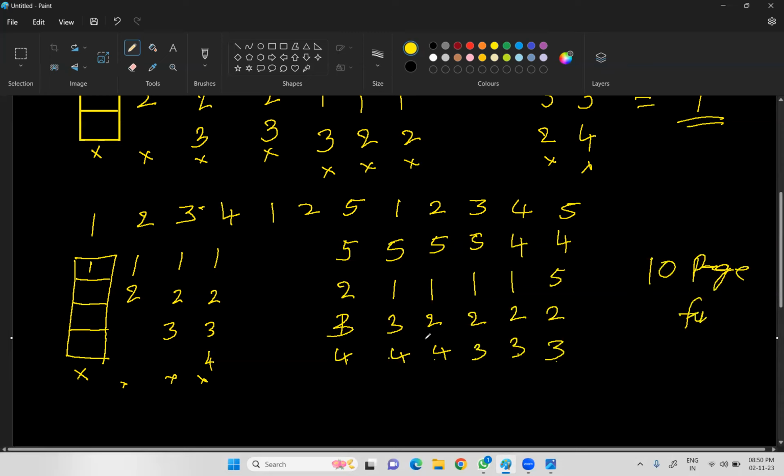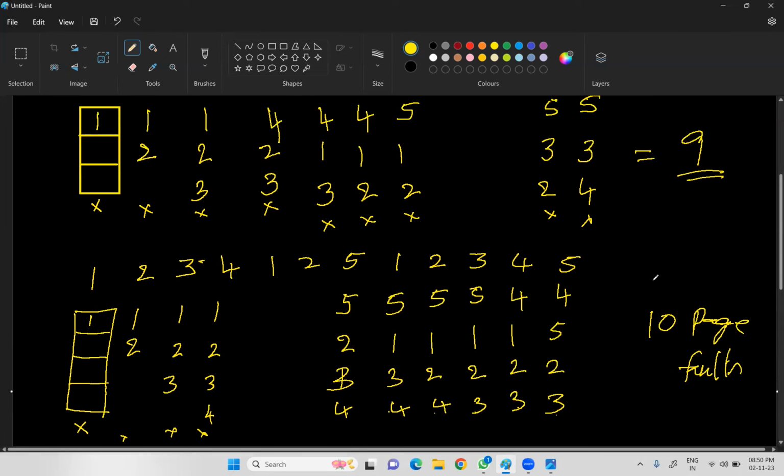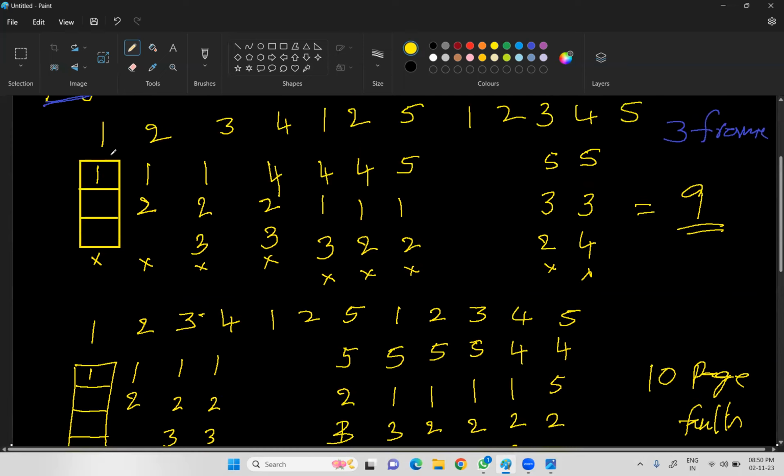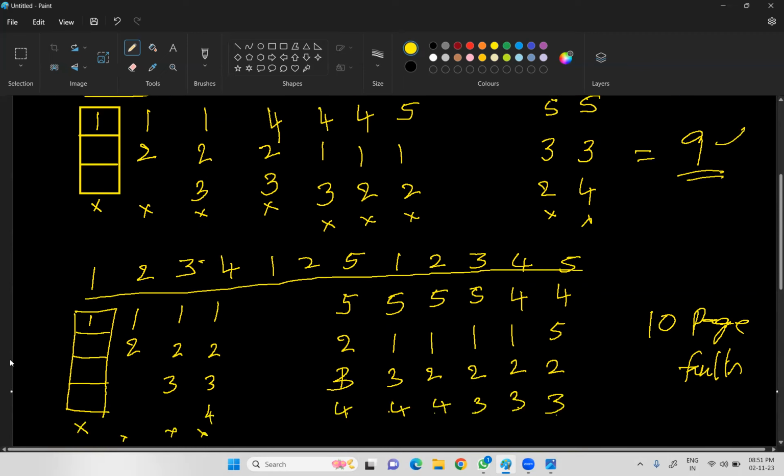So if you increase the number of frames allocated by the operating system for the same reference string, with 3 allocated frames you got 9, whereas with 4 allocated frames used to complete your problem, 10 page faults have occurred here.